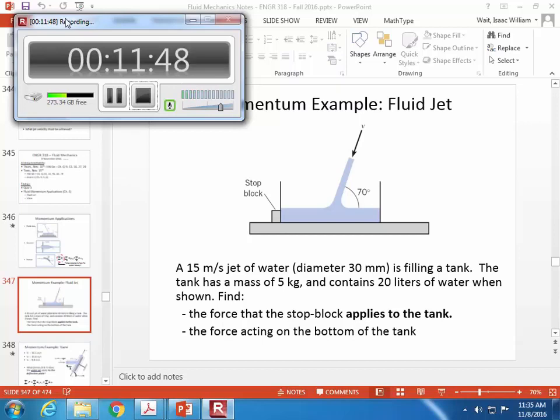Even though it's going to be down, we don't put a negative sign in the mass flow. Mass flow rate is a scalar, which only has magnitude, but velocity has sign. And in this case, since it's downward, we have to be careful to put the negative velocity in there, and then we need to find out what fraction of that velocity, 15 meters per second, is vertical instead of horizontal.